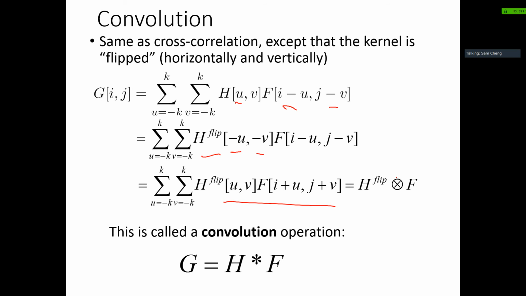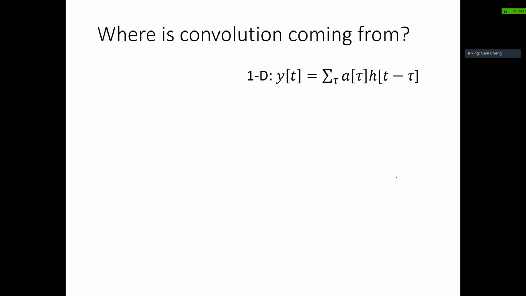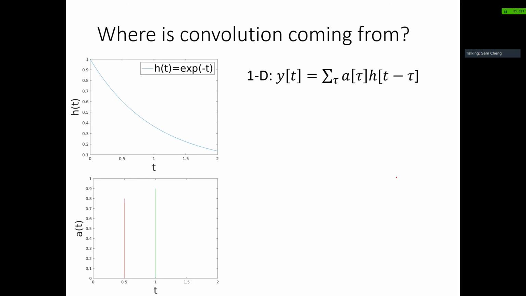It's a little annoying. It comes from signal processing, if you remember. So why do we have that? Think of a 1D signal, where I have a system with a so-called impulse response.